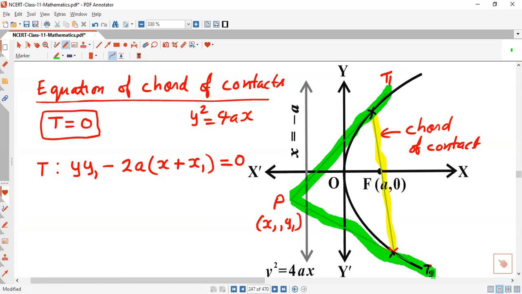I would like to write down the equation of this pair of tangents.